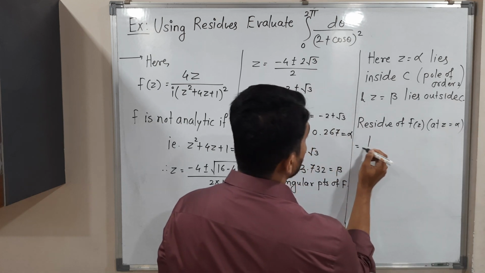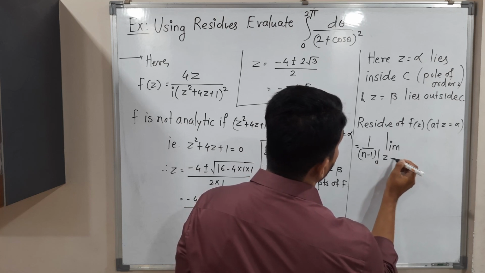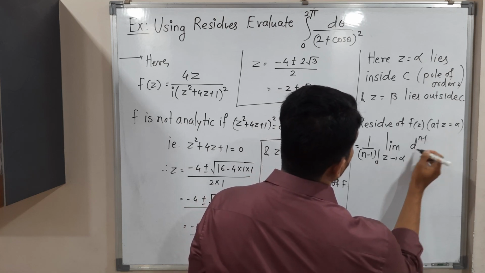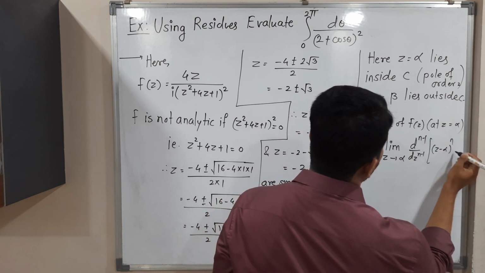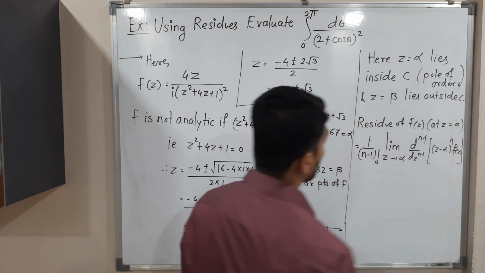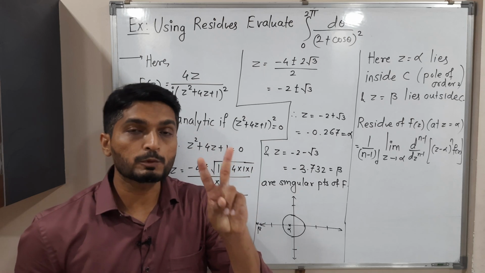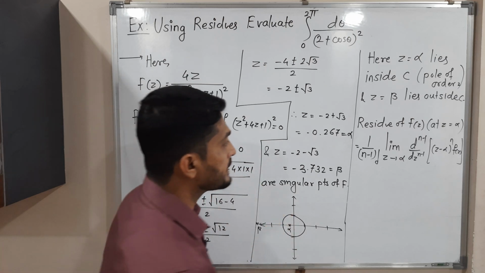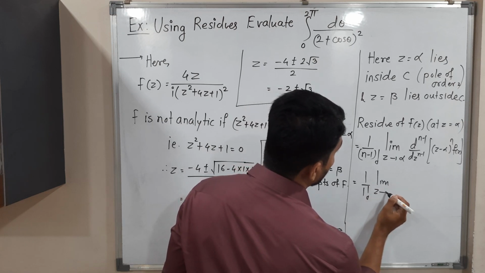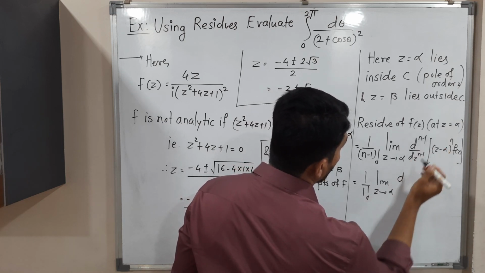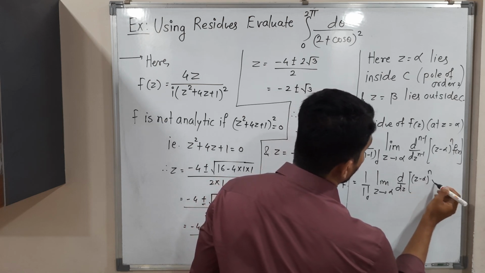The formula says 1 upon n minus 1 factorial, limit z tends to alpha, n minus 1 derivative of z minus alpha raised to n f of z. Okay, n means what? The order of that pole. The order of pole is 2, that means the value of n is 2. We can put n is equal to 2, 2 minus 1 factorial, limit z tends to alpha, 2 minus 1, first derivative only, of z minus alpha raised to n f of z.